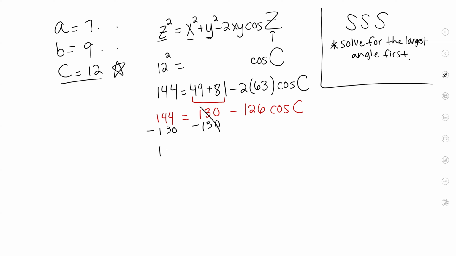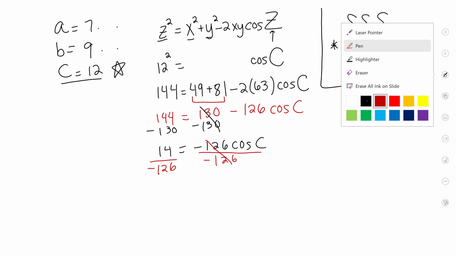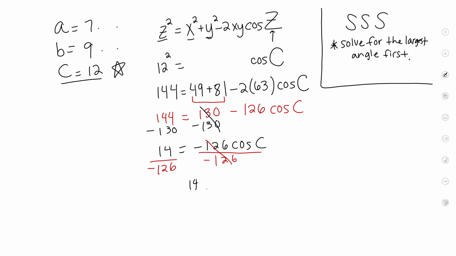I get 14 equals negative 126 cosine C. Continuing to solve, we're going to divide both sides by negative 126. So I have 14 over negative 126 equals cosine C. Last step, we're going to take the inverse cosine of both sides.